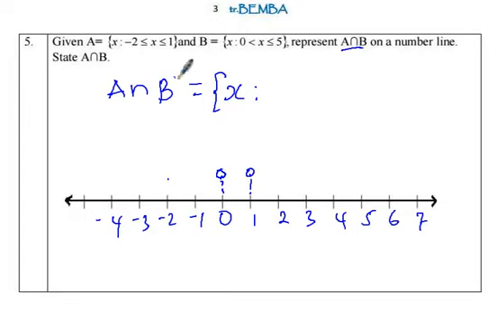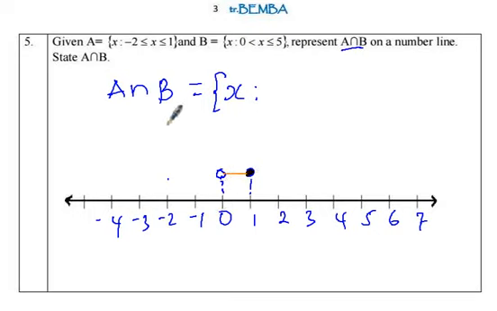Since 1 is a member in this set A, and when you look at this set here, it is also there, then it must be included, and we can show that by shading here, to show that 1 is part of the intersection, and after that we can draw a line showing that.